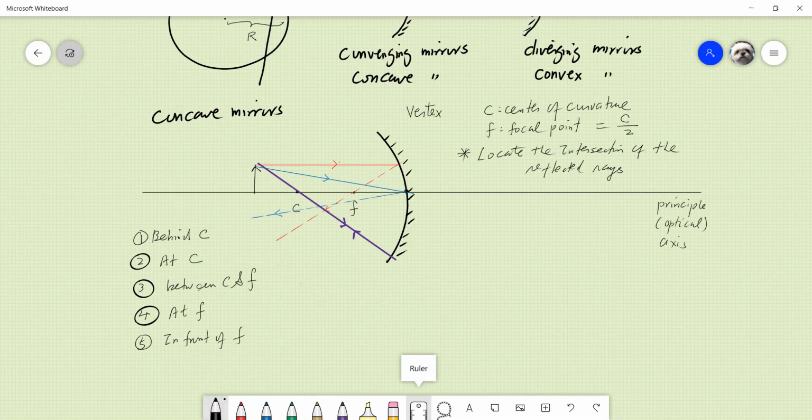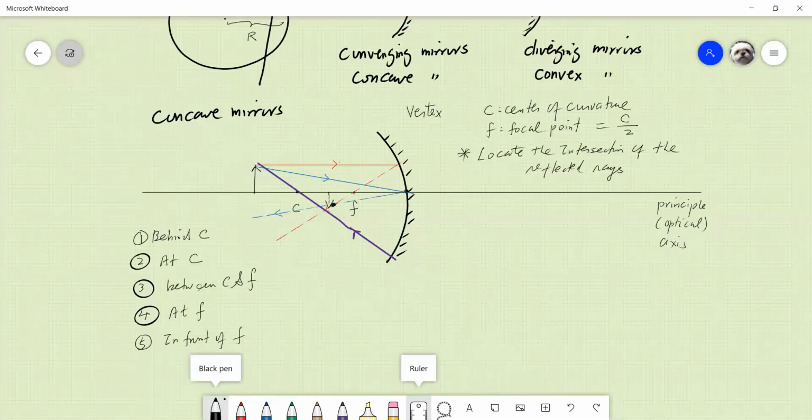Like I said, I did not use the ruler to measure the exact scale, so all these three rays should meet at the same point. So where's the image? The image will be located at the intersection. So my image will be here.